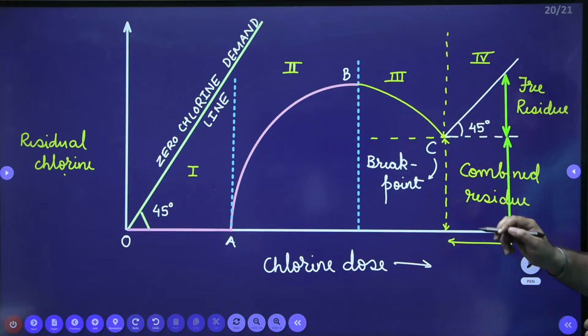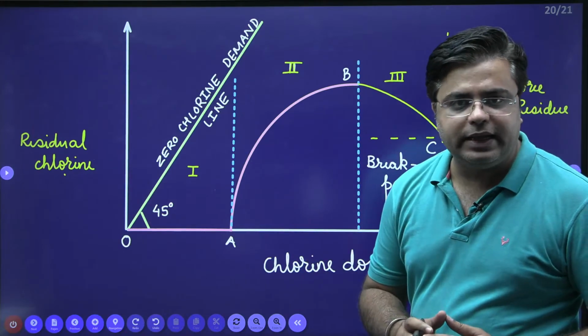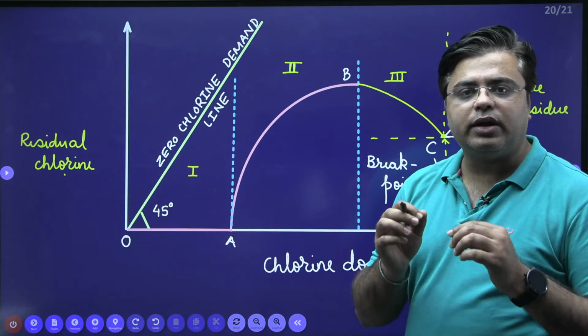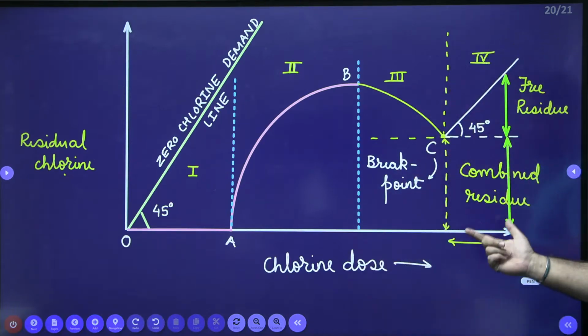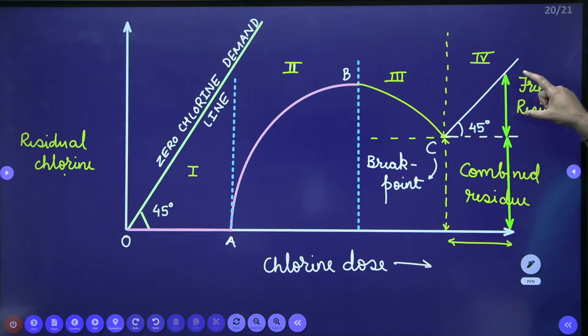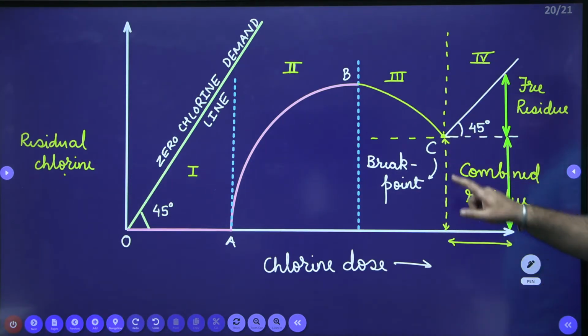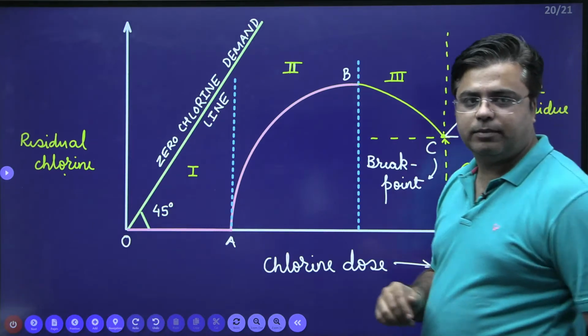At point C, which is the break point, all the microorganisms are killed, all the inorganic matter is oxidized, all the organic matter is oxidized. Beyond the break point, if you add any chlorine, that chlorine will be directly stored in the form of free residue. At break point, the amount of residual chlorine is known as combined residue because this is the amount of chloramines that are left in the system.